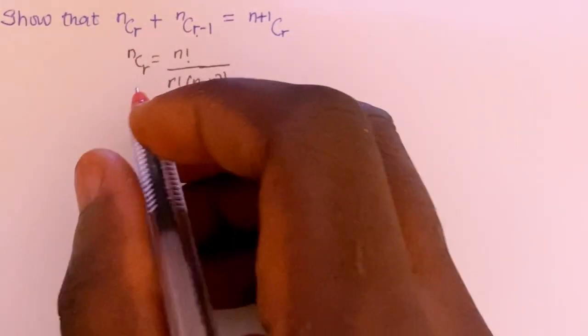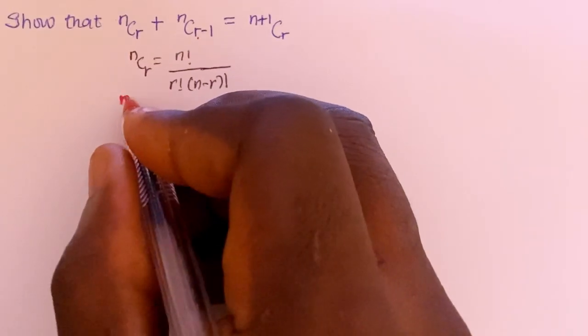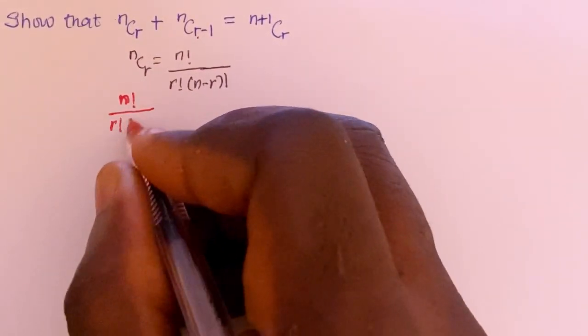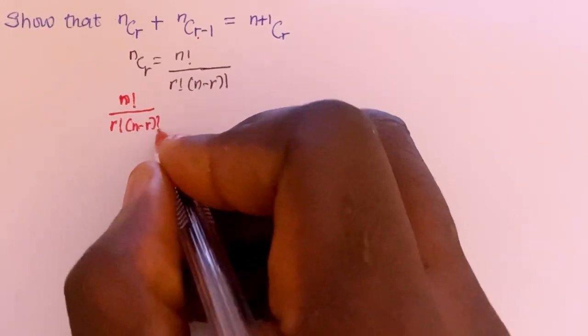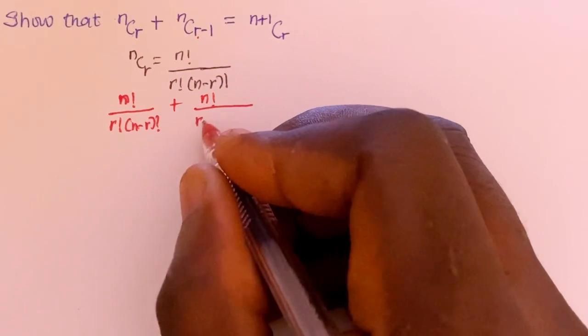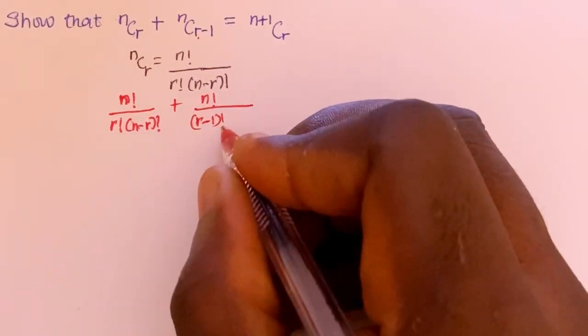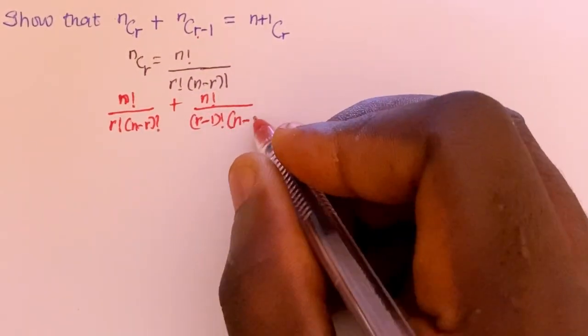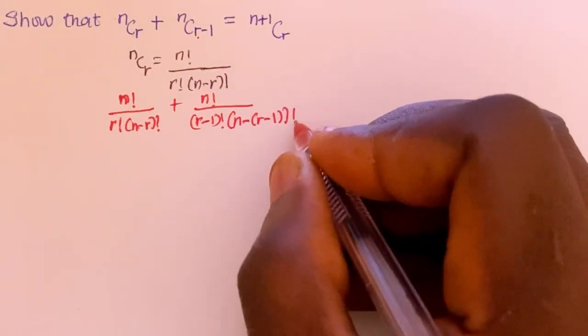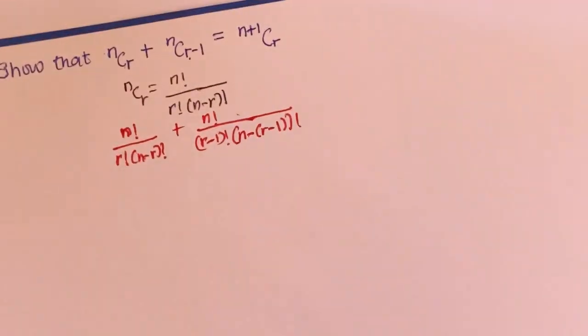So I'm going to have n factorial divided by r factorial into bracket n minus r factorial, plus n factorial divided by, my r is r minus 1, so r minus 1 factorial into bracket n minus r minus 1 factorial for the second side if I fix it.